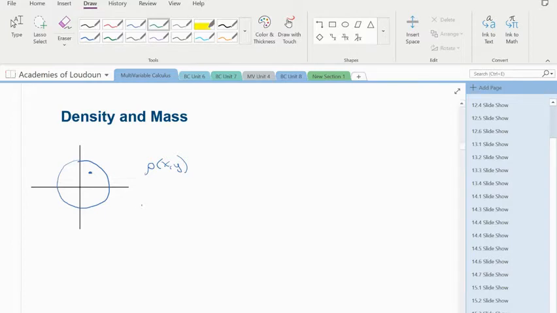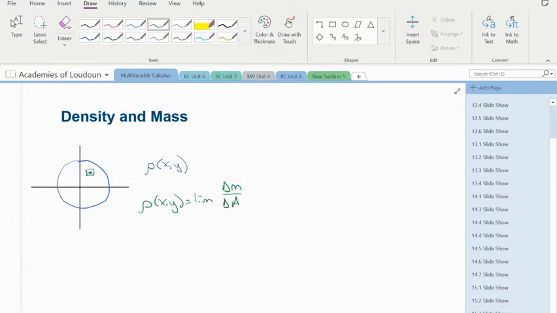This means that rho of x, y is going to be the limit of my change in mass over my change in area, where delta M and delta A are the mass and area of a small rectangle that contains this point. So let's put a little bitty rectangle in here. And the limit is taken as the dimensions of the rectangle approach 0.